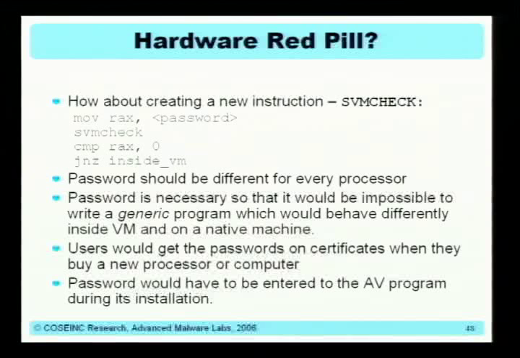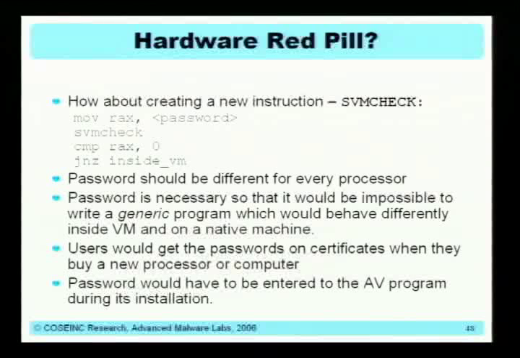Another solution which I've thought of is to introduce another instruction, like let's say SVM check, which should take some kind of unique password, unique for a specific machine, and which returns whether you're inside a VM or outside a VM. In my opinion, it's necessary to have this password, because if we didn't have it, then we wouldn't have full virtualization, right?